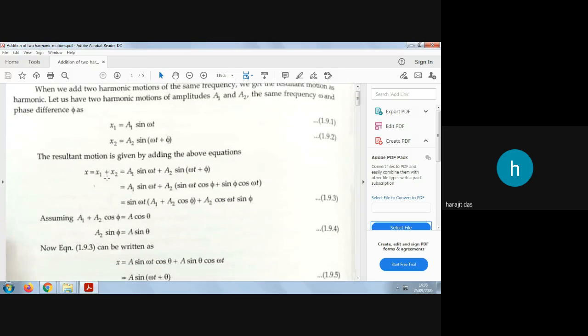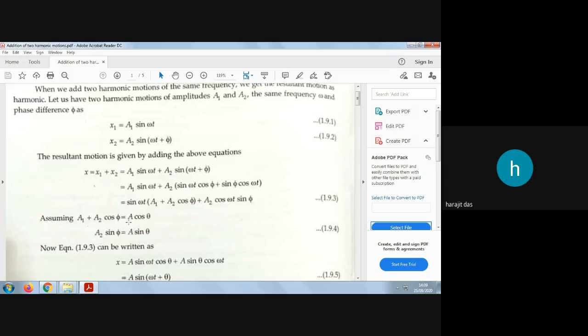Because it is a harmonic function, it will have one amplitude and one angle also, isn't it? So let's say this is the resultant amplitude A, and theta is the angle which the resultant makes with respect to the reference line.